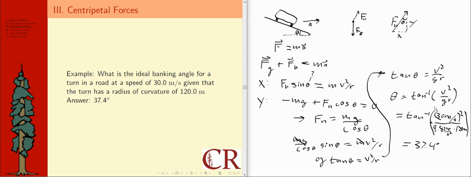But the big pitfall that I've encountered is you have to recognize not every banked turn situation is an ideal banking angle situation. So if you look up this formula or even write it in a note sheet, state that it's the ideal banking angle, and if you are going to use this formula instead of deriving it based on the definition like I did, make sure that you state that this assumes no friction and no traction.